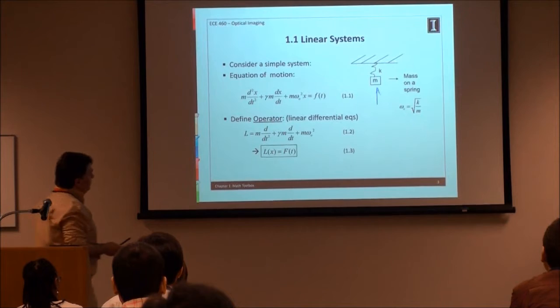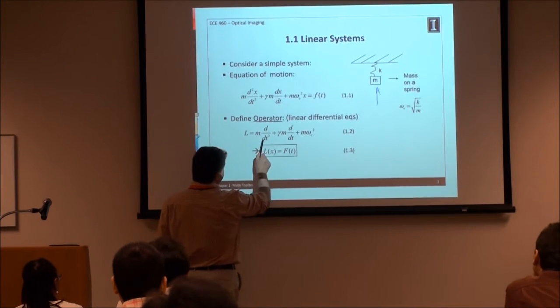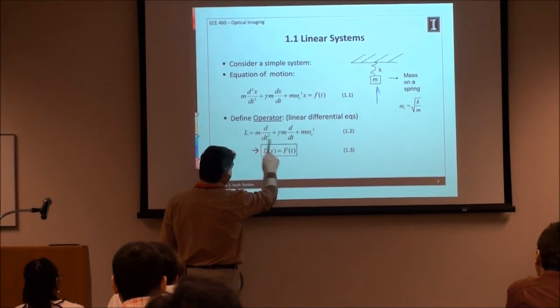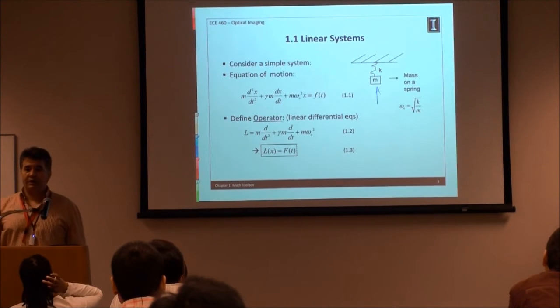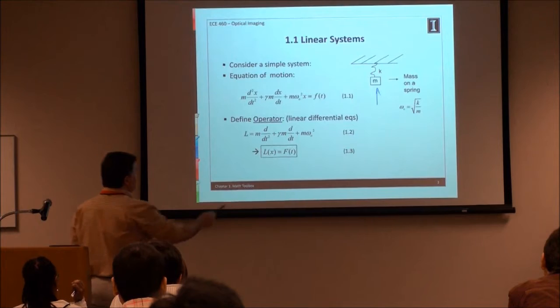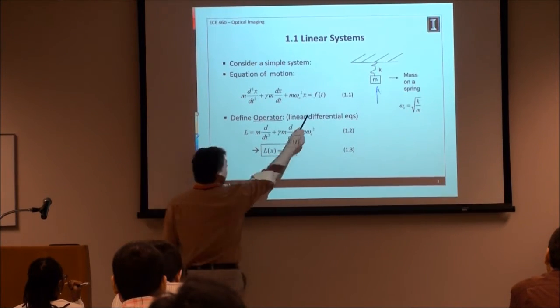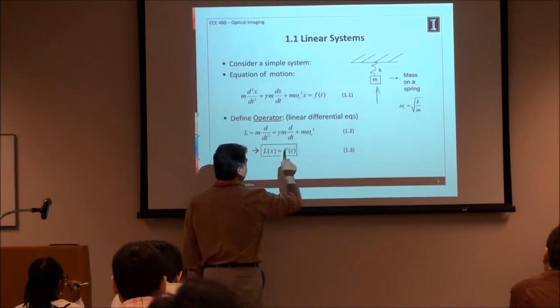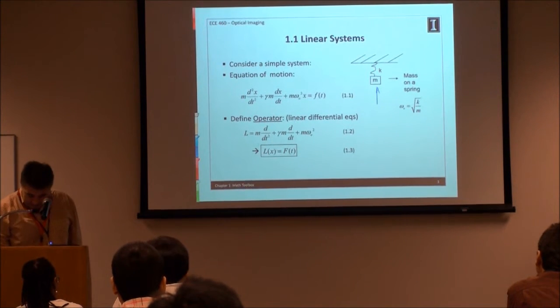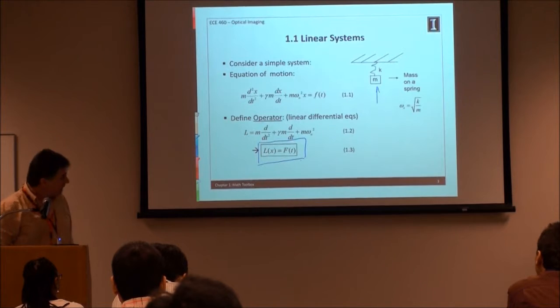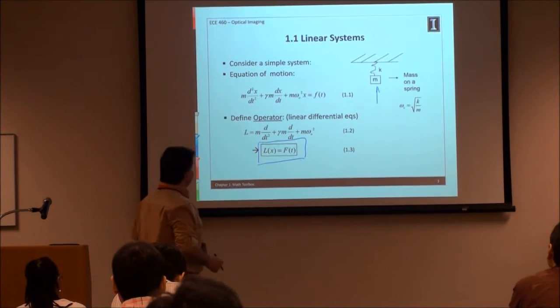If I define the operator L like this, that includes all the differential operators in it, I can write my equation simply like L of x equals f of t, where f is this f. Disregard the mismatching font. Okay, so basically I can write in a very compact way my differential equation like this.